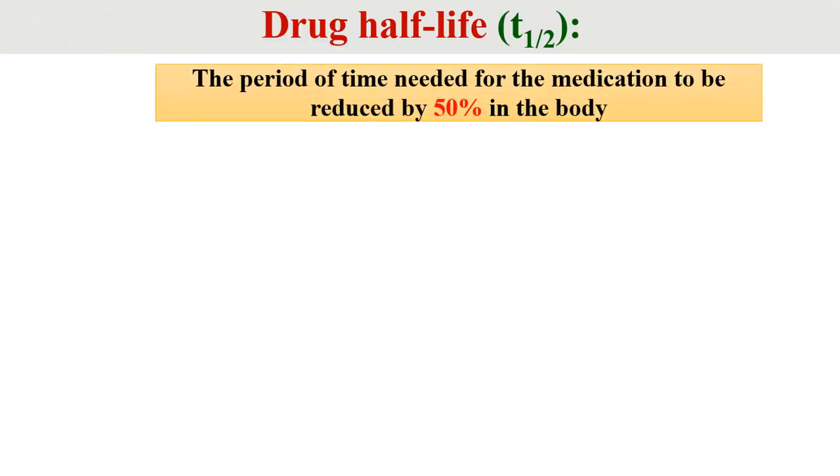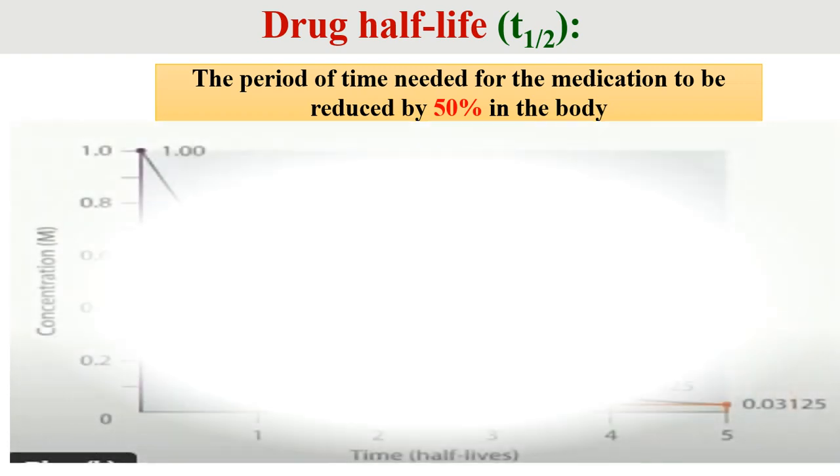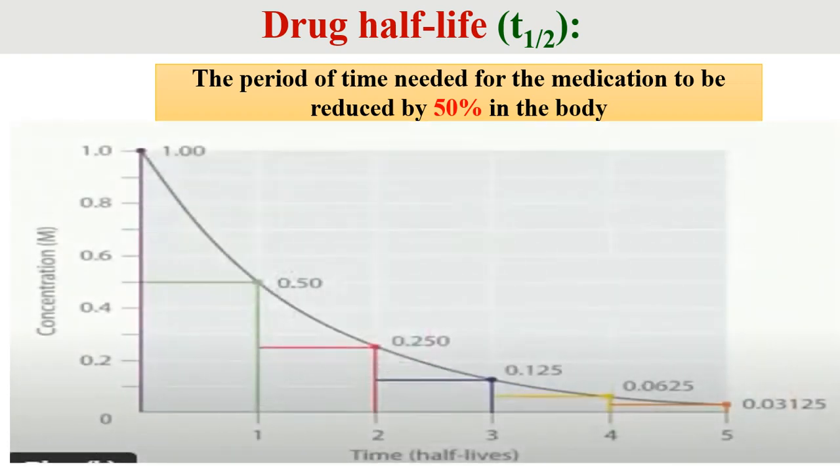The term drug half-life is the period of time needed for the medication to be reduced by 50% in the body, that is, it loses 50% of its concentration in the plasma. This diagram shows the relation between concentration and time, the half-life, or the 50% of drug in the body.